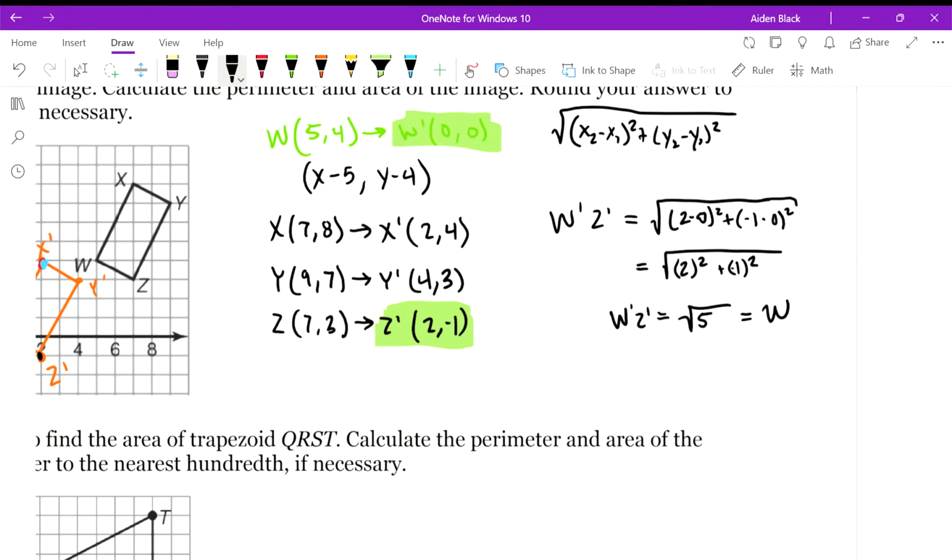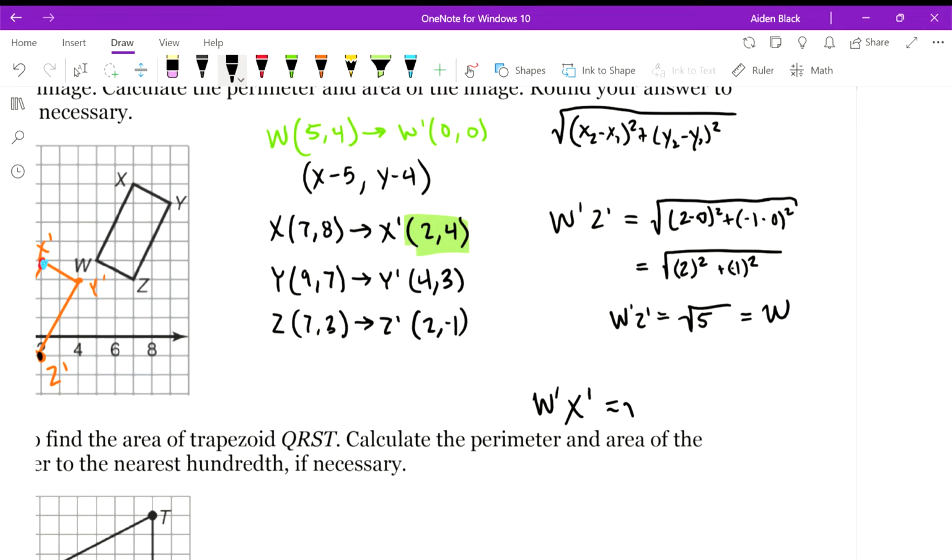So we end up with W prime X prime. Okay, so again, let me highlight this. This is what we're using.